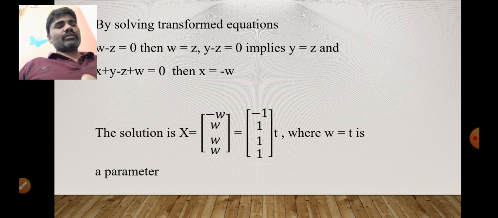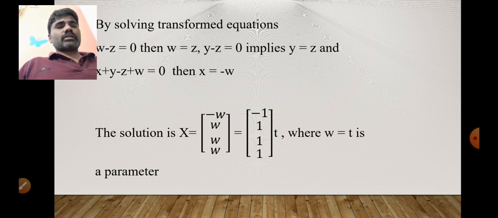Any value of w gives a solution, that is minus 1, 1, 1, 1 times t, where w equals t is a parameter. That's why the system has an infinite number of solutions. Any constant multiple of the vector minus 1, 1, 1, 1 is a solution to the system. That is minus 1/2, 1/2, 1/2, 1/2 is also a solution.